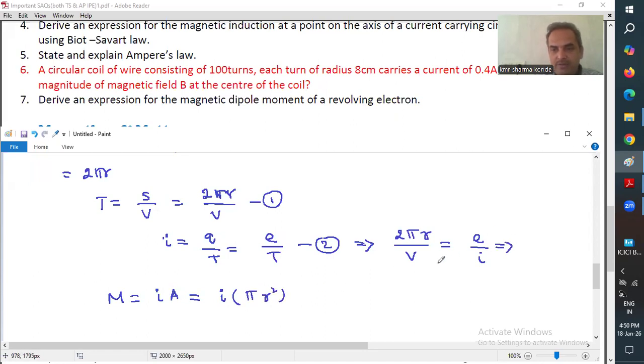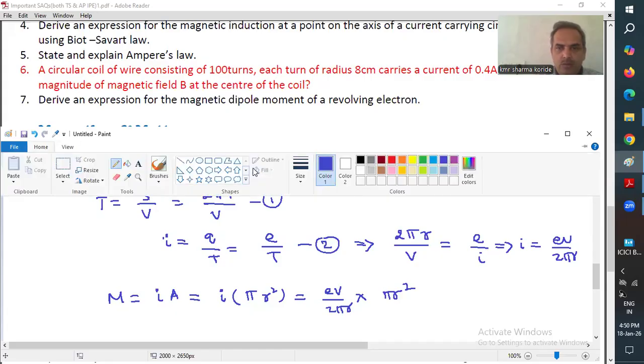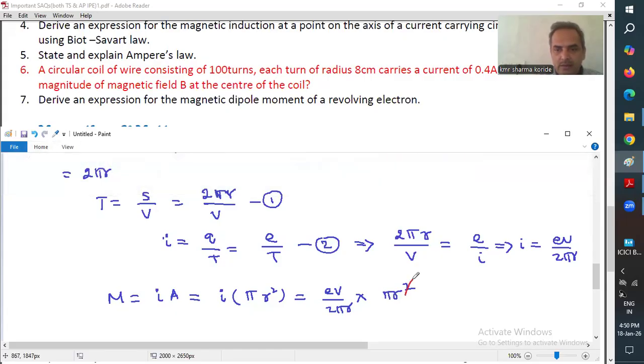From this equation we can write I equal to EV by 2 pi r. Let us substitute this: EV by 2 pi r into pi r square. One r gets cancelled, pi gets cancelled. Therefore, the magnetic moment for the revolving electron is EVR by 2.